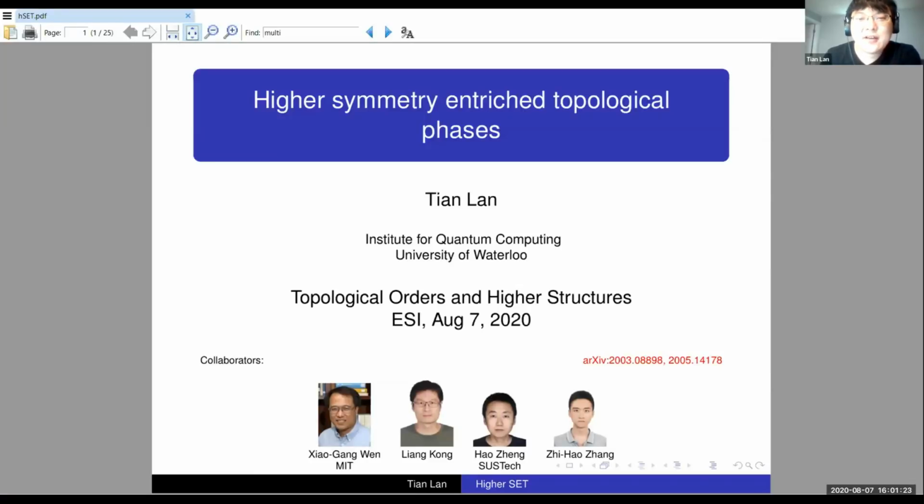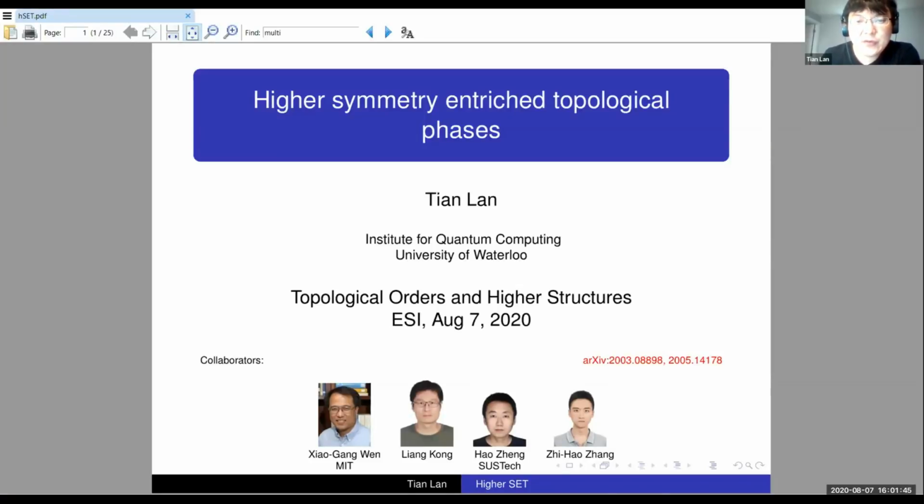But now, since we have symmetry, this trivial is not completely trivial. This is trivial relative to some given higher symmetry. Because it is trivial relative to symmetry, we have some non-trivial structures that we need to address.